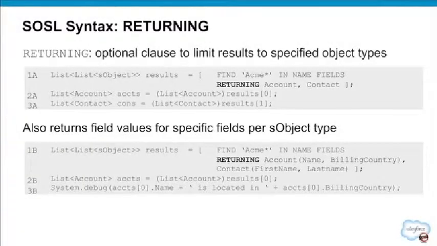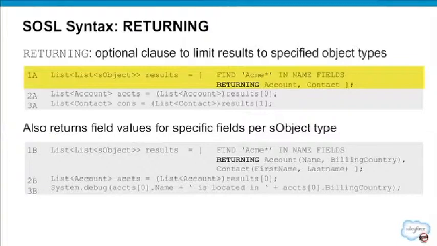Now, let's take a look at the returning clause. The returning clause is going to define where you're looking. So taking a look here, we have find Acme in name fields, and we're returning on line 1, accounts and contacts.